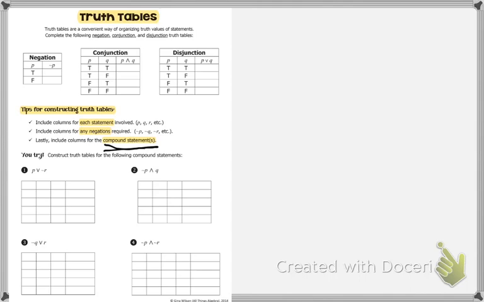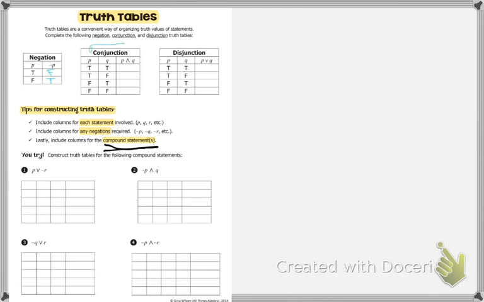So the basics here, it tries to give you a truth table for negation, for conjunction, and for disjunction. Well, negation is just the opposite. So for negation, what's the opposite of true? False. What's the opposite of false? True.